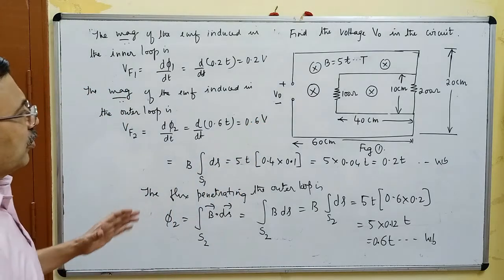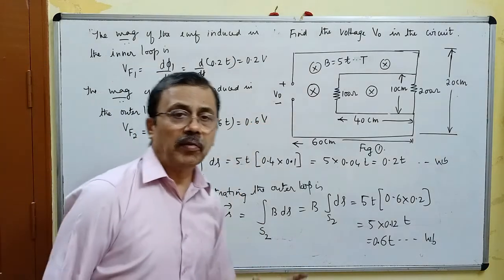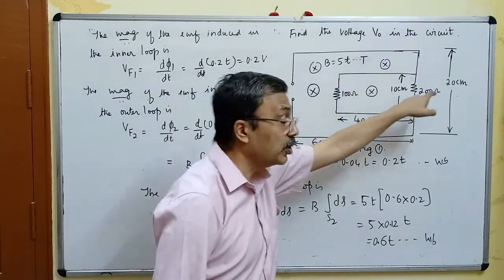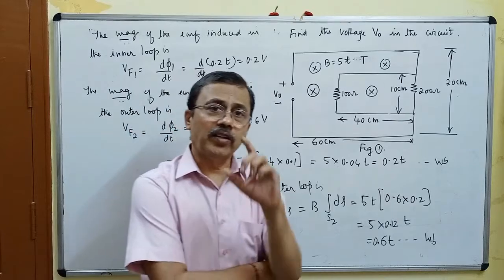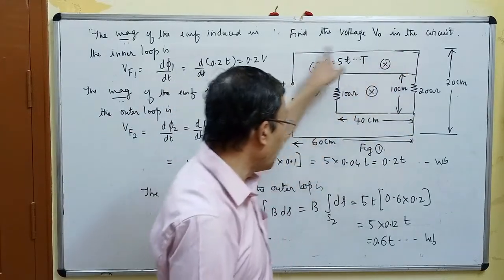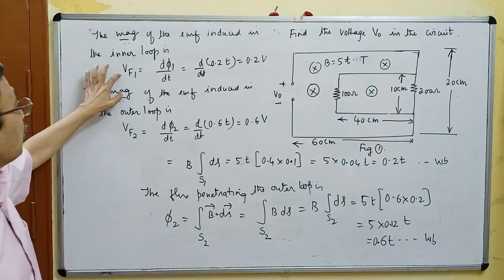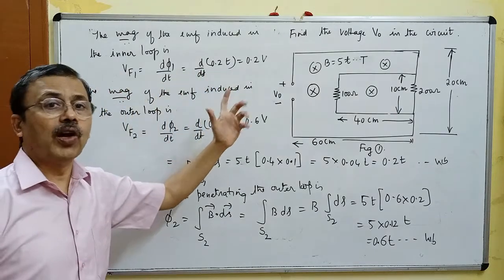So what I have done to begin with is, we have found the flux penetrating the inner rectangular loop. Then we have found the flux penetrating the outer rectangular loop. Then we have found the magnitude of the induced EMF using Faraday Lenz's law.